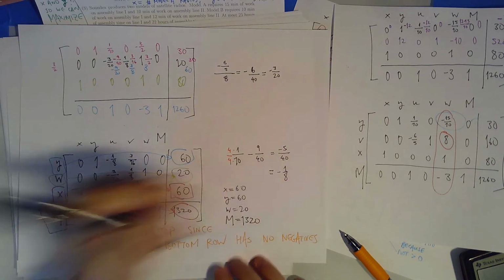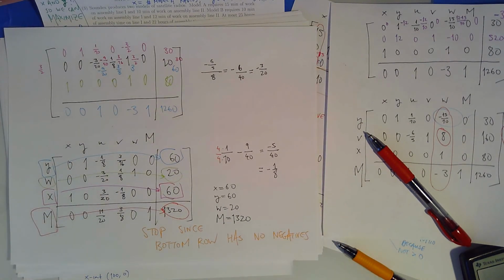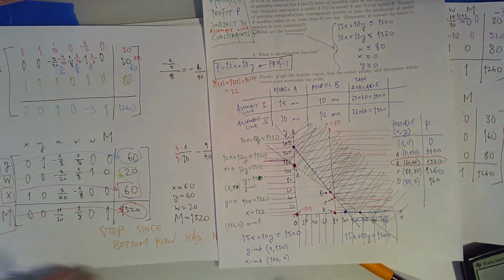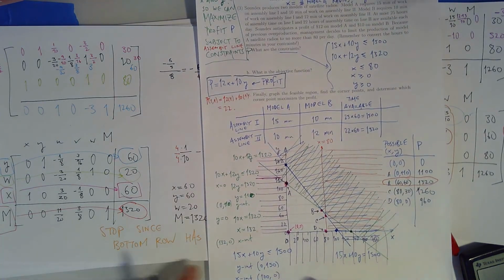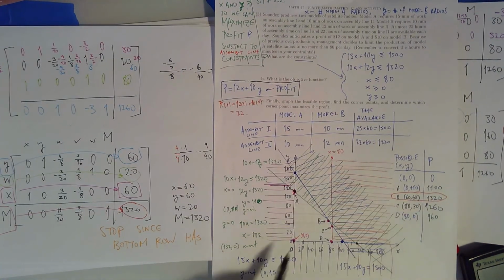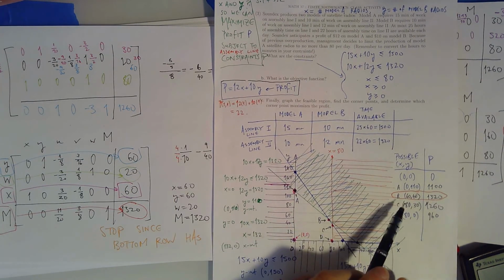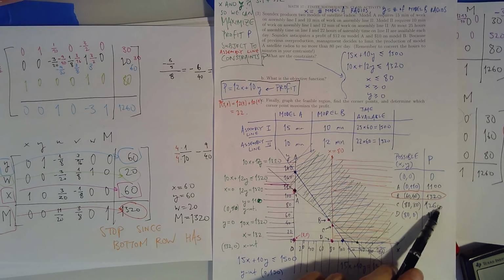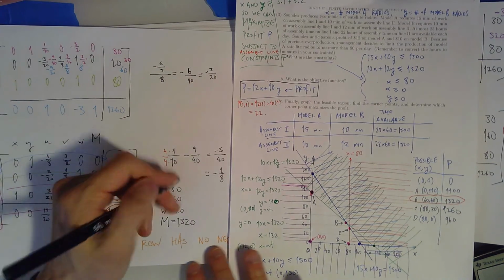To make sure this makes sense before I stop, let's take a quick look. When we did this geometrically using the feasible set and the fundamental theorem of linear programming, we saw that this was the maximum: 60, 60, 1320. So we got the answer here.